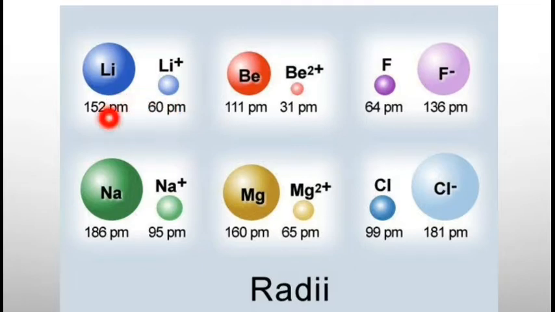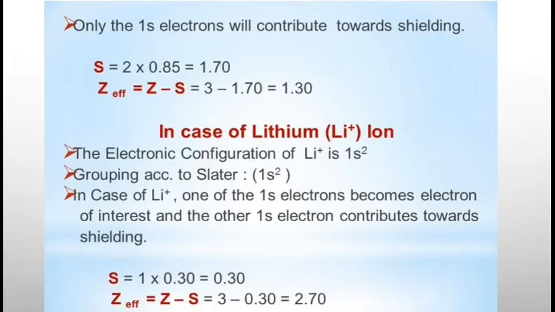The atomic state size is around 152 picometer, but if you remove an electron it becomes the lithium cation. The size is also reduced to 60 pm, almost 60% reduced. Likewise, for all atoms the radius decreases in the ionic state. This is because of the increased effective nuclear charge.